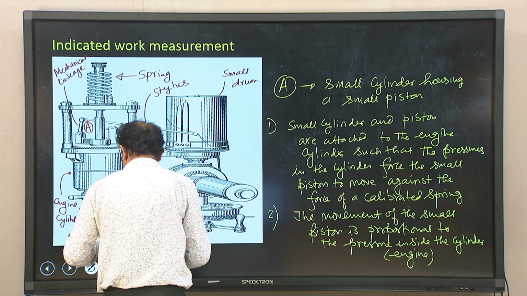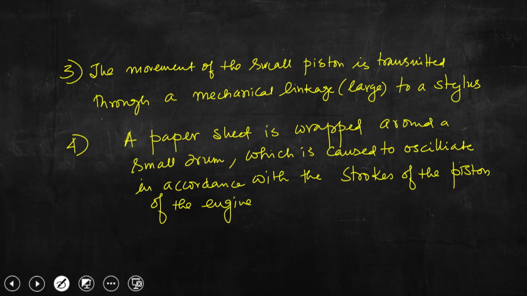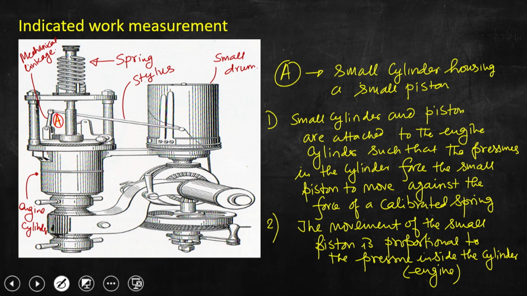Now, the stylus, which is connected to the small piston through this mechanical linkage, will move up and down because the small piston moves up and down experiencing change in pressure in the engine cylinder.